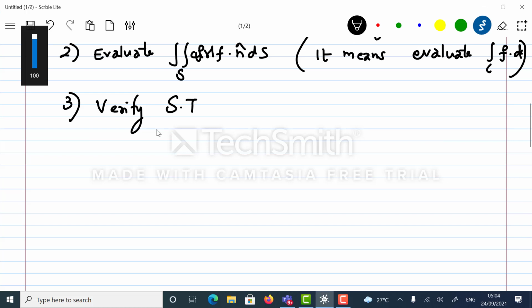So we will have an example based on Stokes theorem now. The question is as follows.